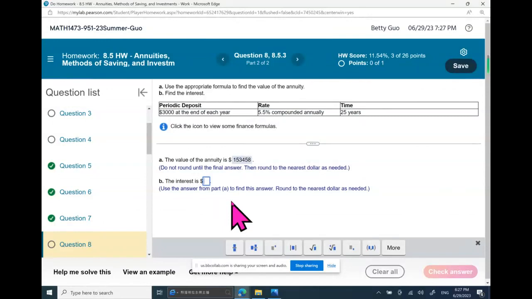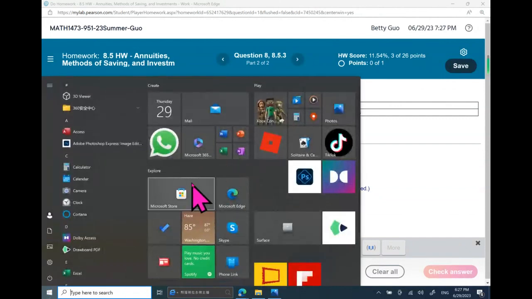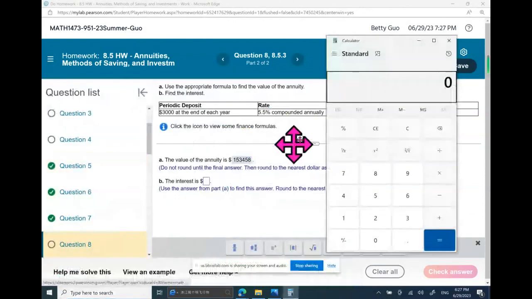So firstly, we need to compute how much money we have been depositing in the annuity account, and then subtract that from the future value. Okay, this is what we do.